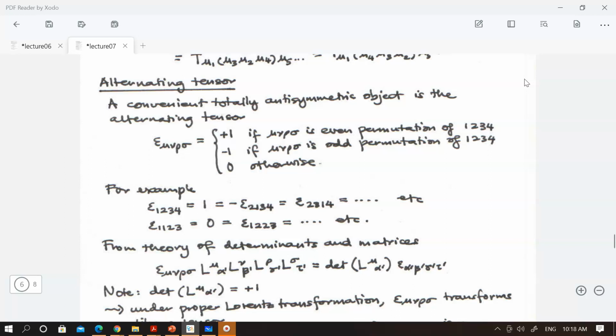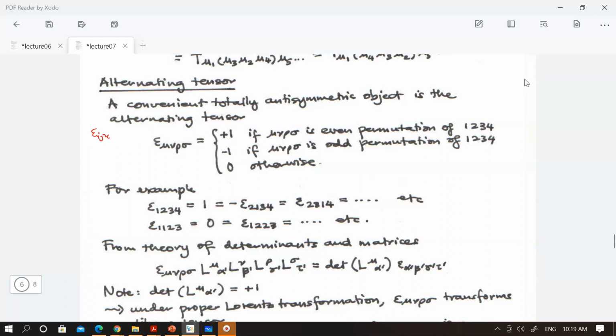Previously you remember epsilon ijk, which depends on the indices 1, 2, 3. Now with four-dimensional space-time, you have four indices instead of three, so you get epsilon mu nu rho sigma.